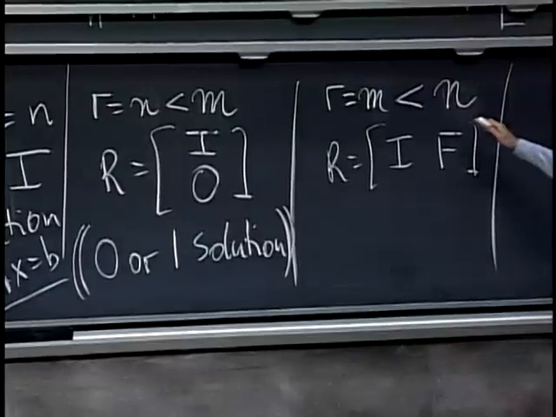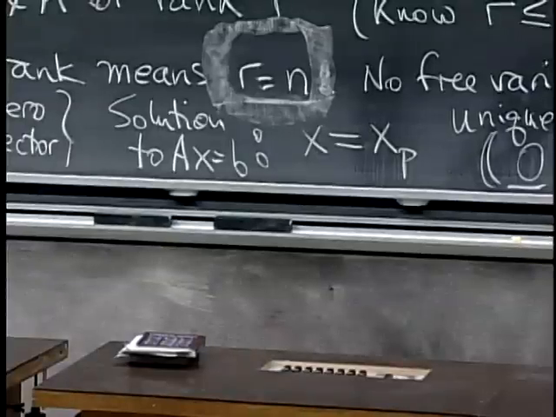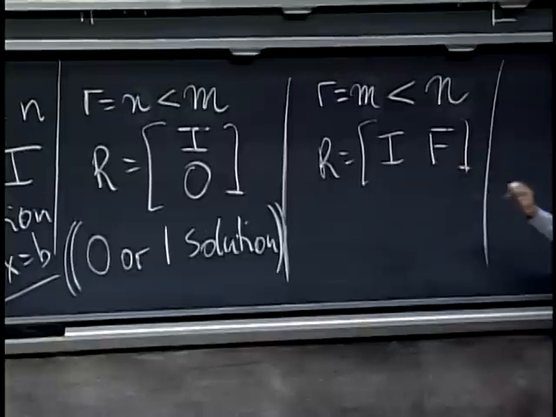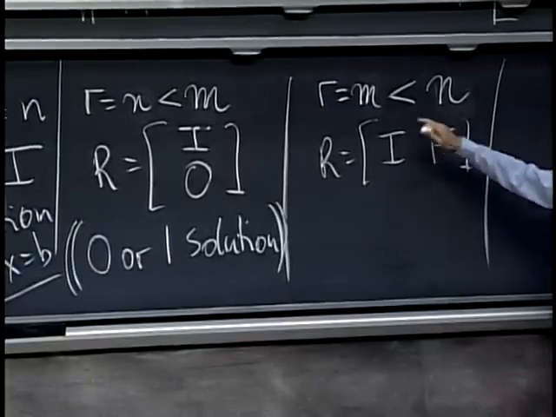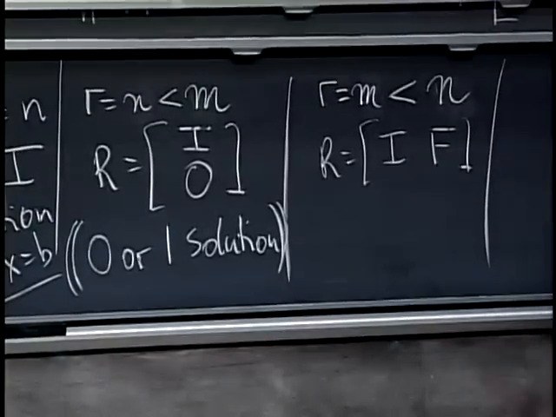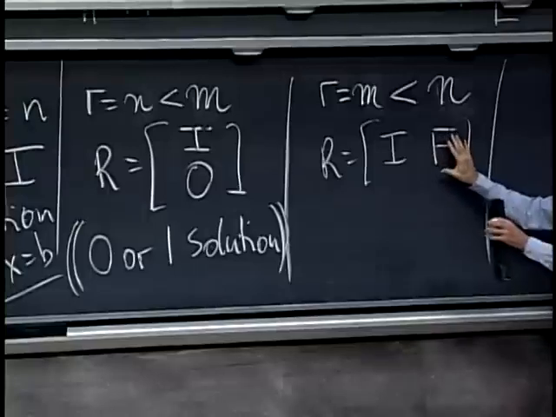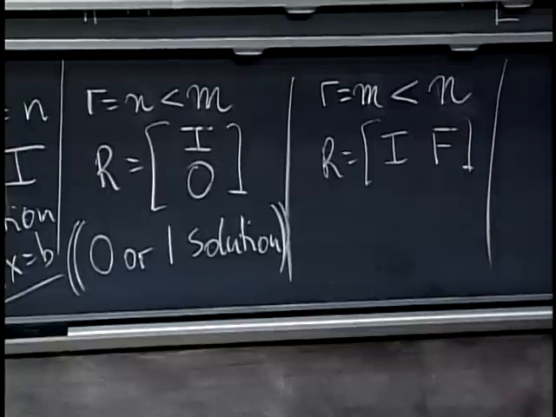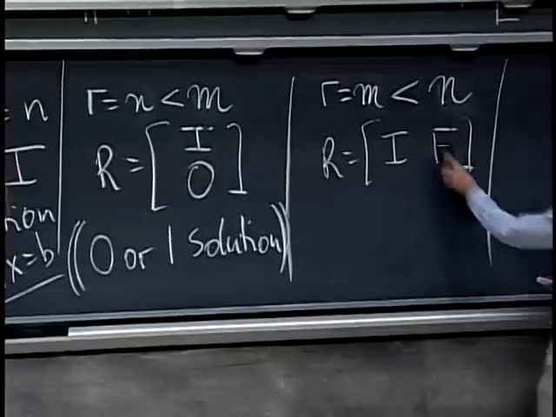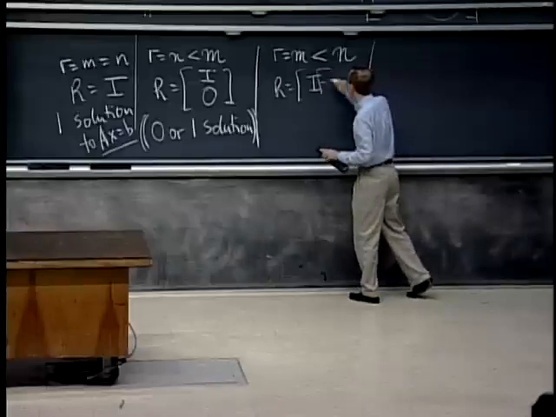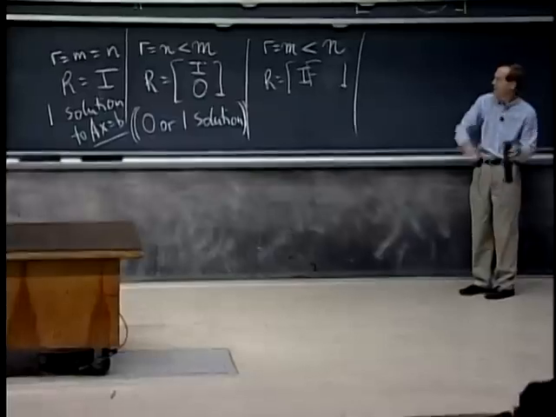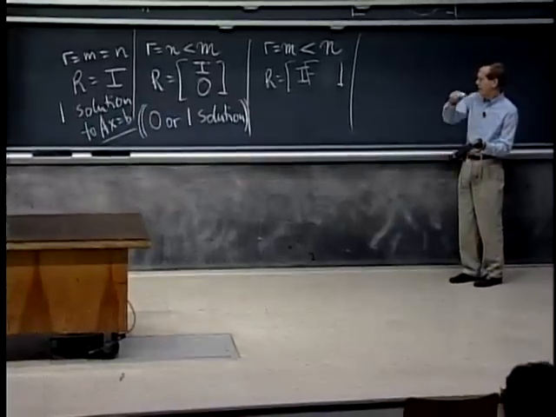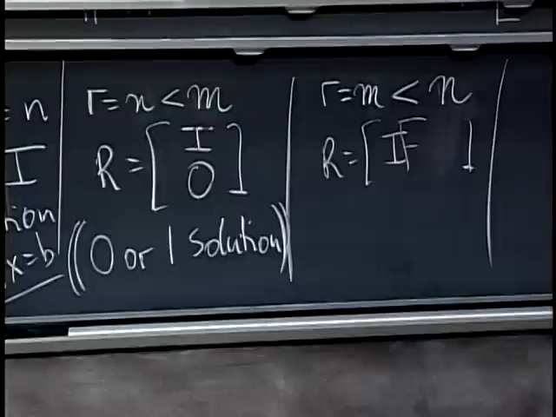So this is now the case of full row rank, and it looks like I F, except that I can't be sure that the pivot columns are the first columns. So the I and the F could be partly mixed. So the F could be sort of partly into the I if the first columns weren't the pivot columns.